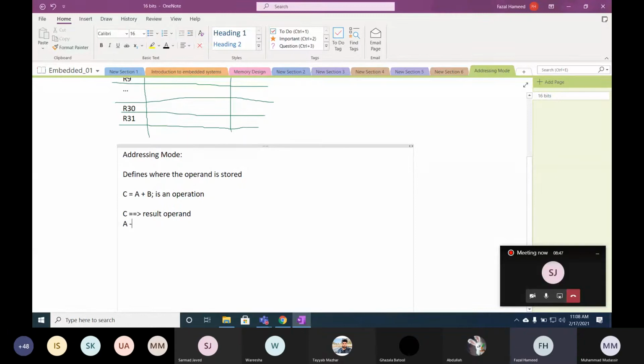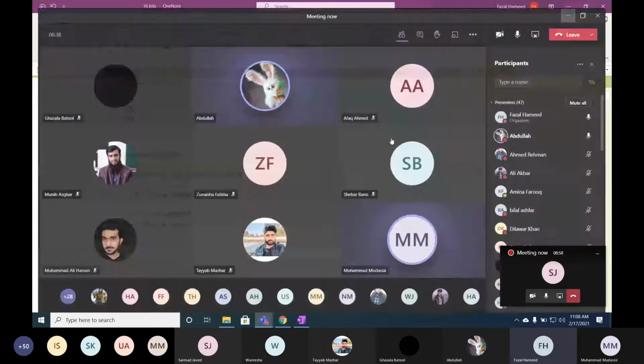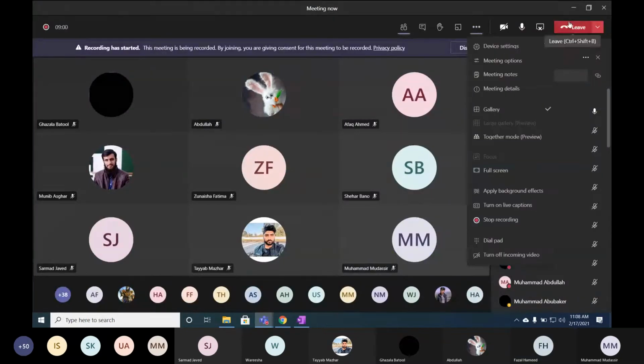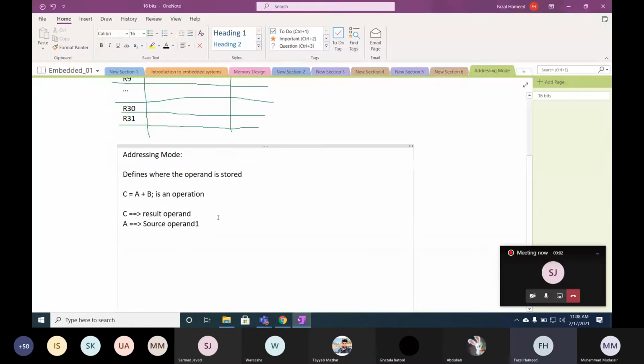A is the source operand 1, and B is the source operand 2. What is plus? Plus is an operation.